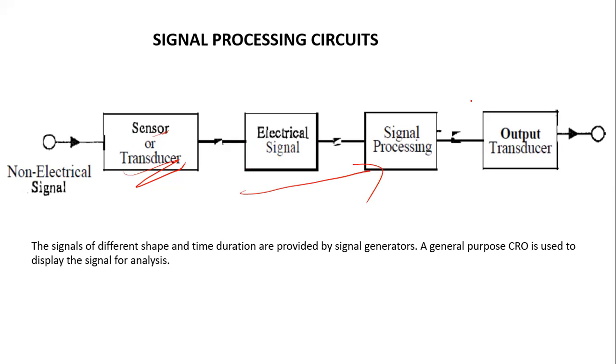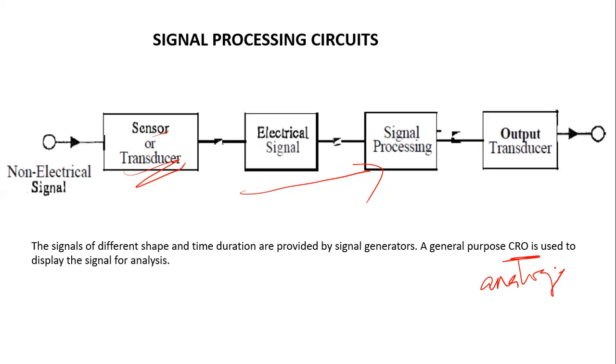It depends on whether your display device is an analog device or a digital device. For example, CRO is an analog device, in the sense that whatever signal you feed to the CRO is some kind of continuous AC wave, it could be a triangular wave or sinusoidal wave.